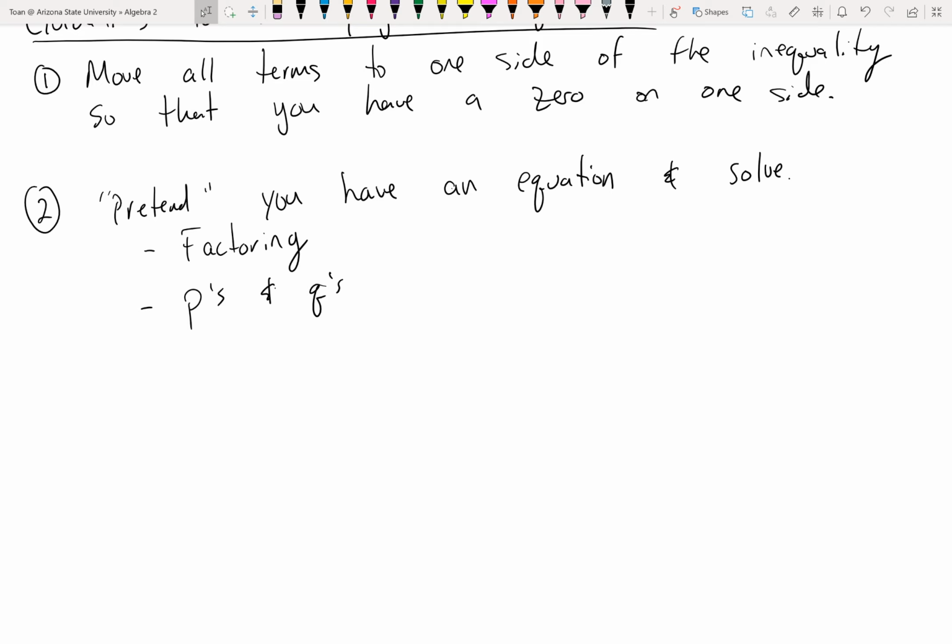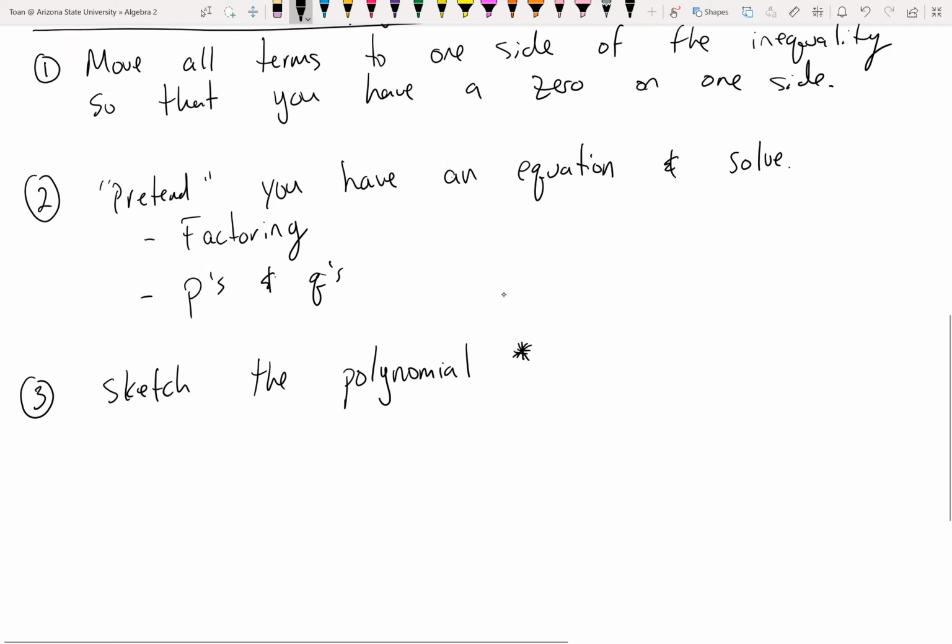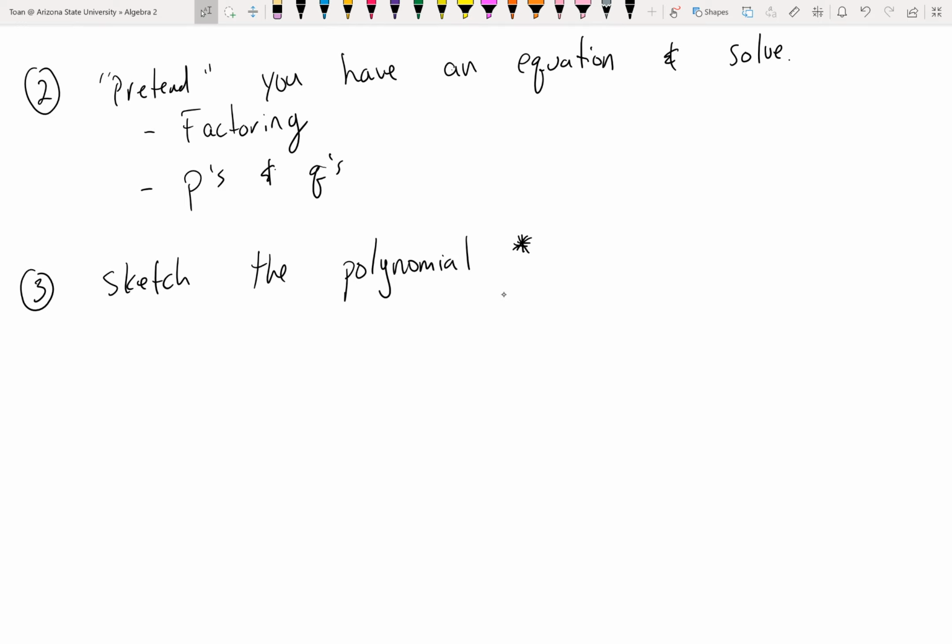Once you factor everything, or once you solve it, you're going to produce a sketch of the polynomial. And sometimes you don't have to go all the way. I'll put a little asterisk here because we can do a sort of abbreviated graph called a sign diagram. I'll show that later. And then once you sketch it, you're just going to read your answer.